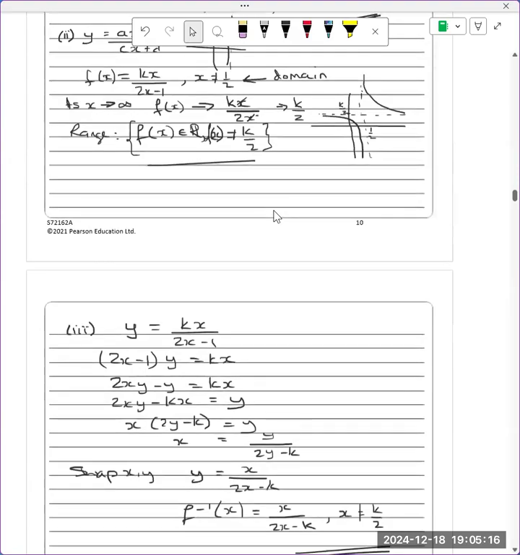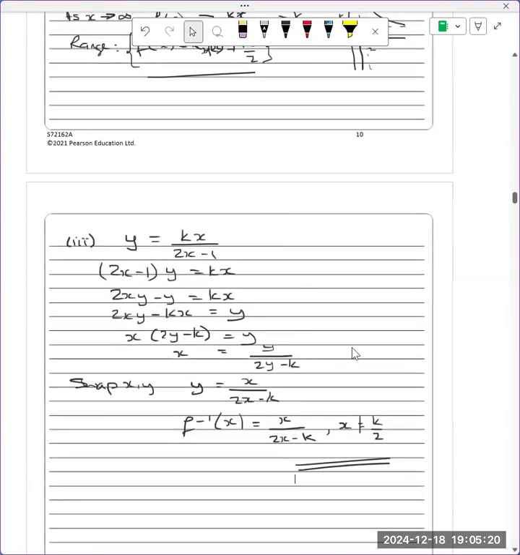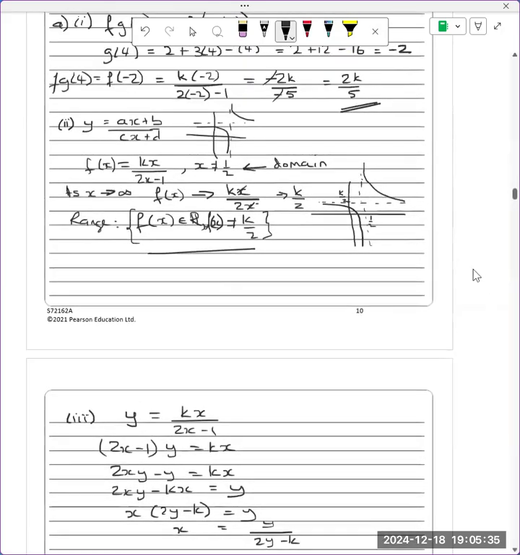One of my colleagues actually suggested that if you did this part first, because it's much more obvious that this value is excluded from the domain, you then do it in reverse to tell you that that would be the range of the original function, which is an interesting way of doing it.